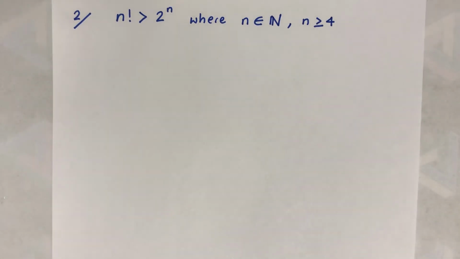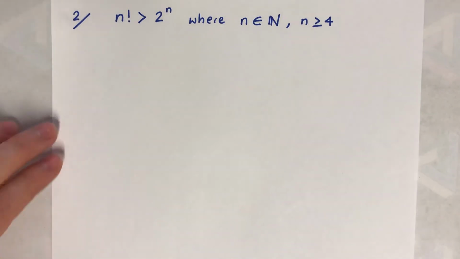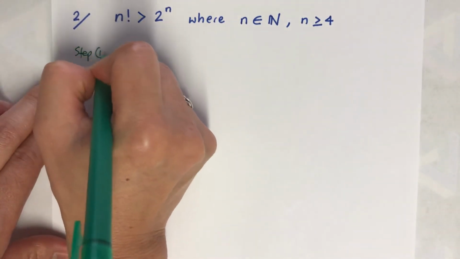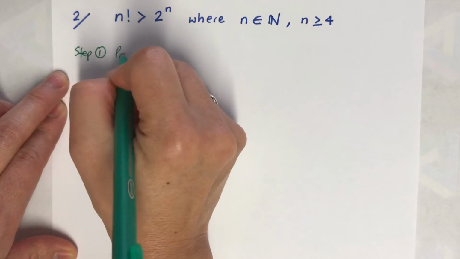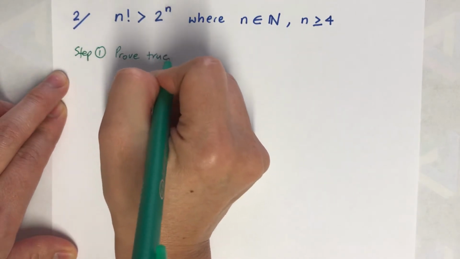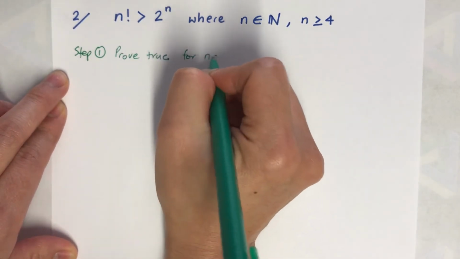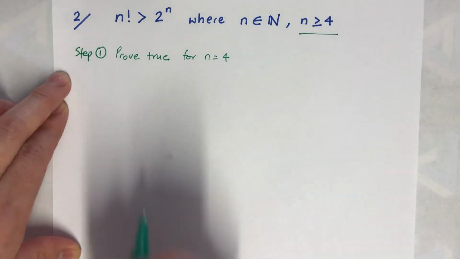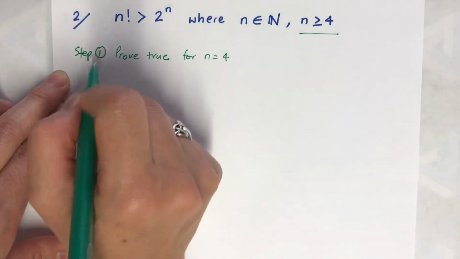Okay, all done. So second question. Alright, so we've got some factorial happening here. Oh, it's not too bad. So I'm going to go with step 1. Prove true for n equals 4. Okay, the minimum integer we can use is 4. So you just use that.